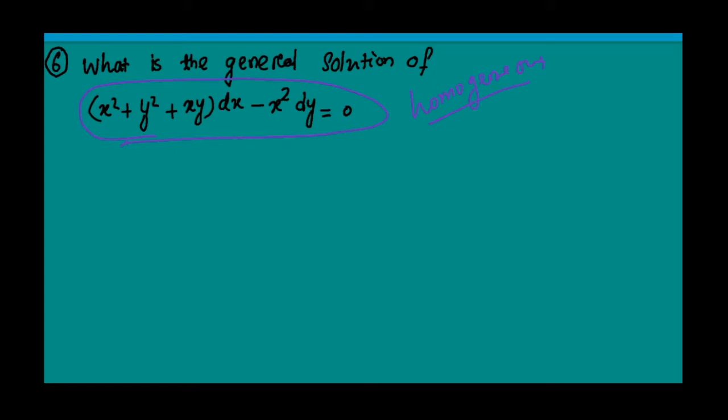And how can we solve this one? dy by dx is equal to x square plus y square plus xy by x square.